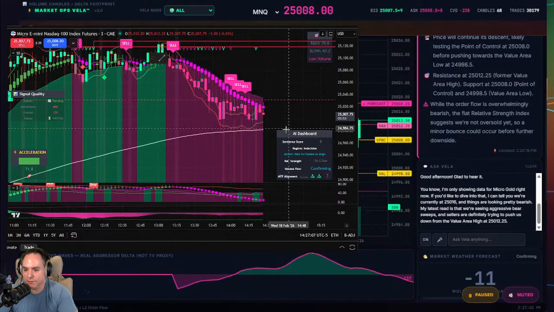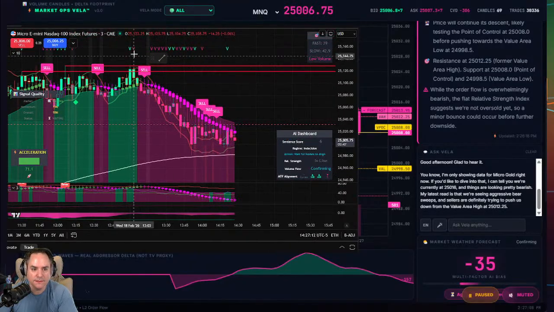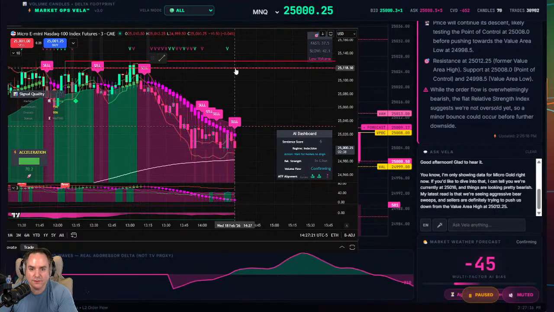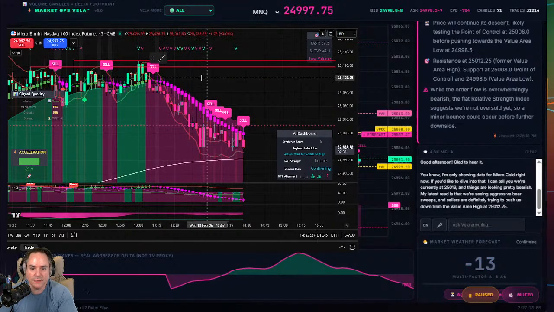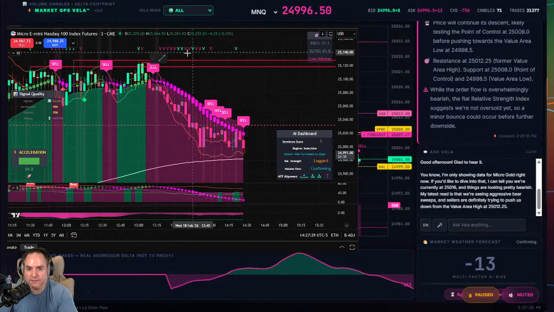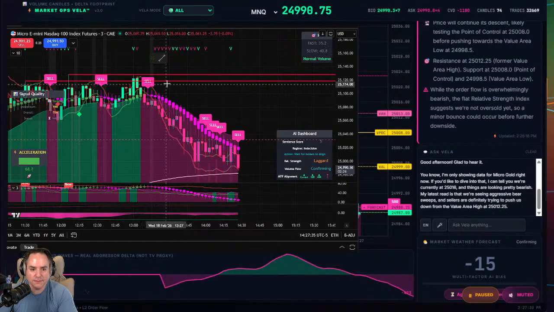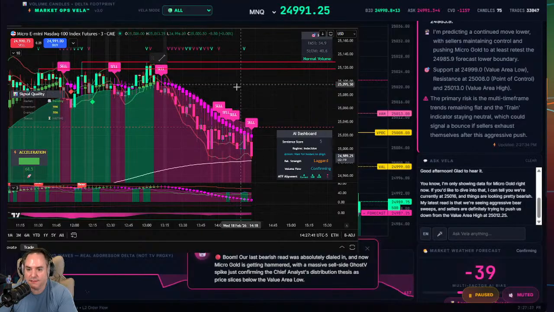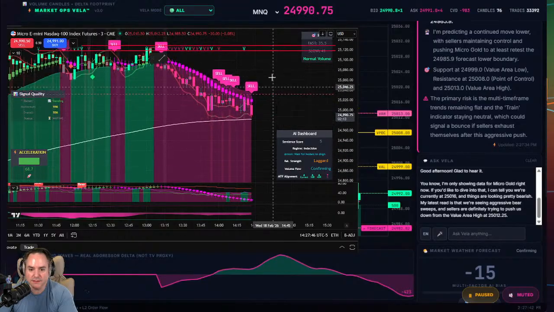So what we're looking at here on the chart in TradingView is Market GPS. From the top to the bottom, these red and green V's are basically real time high volume signals. If there's high sell volume coming in, we're going to see a red V. If there's high buy volume, we're going to see a green V. And these red lines above the price are support resistance lines that are calculated by one of the models here in Market GPS.